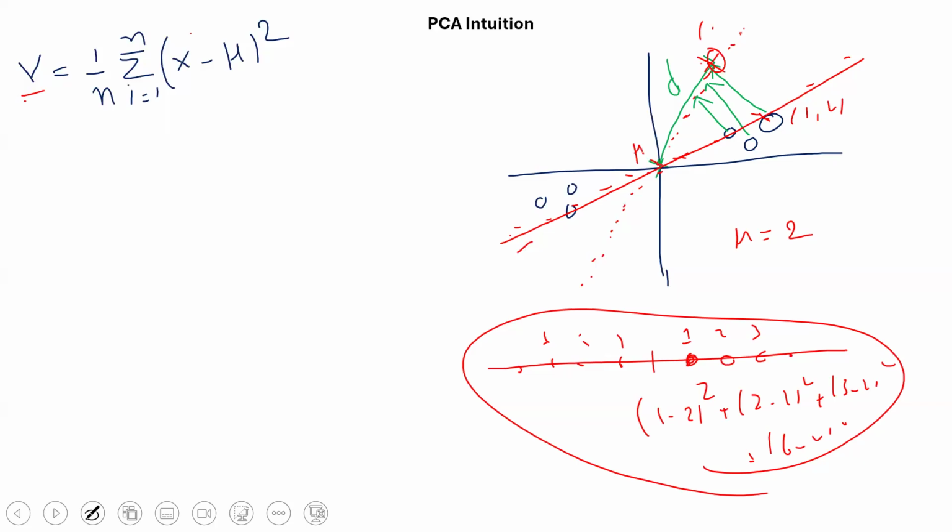If this is the mu, this is x1, this is x bar, you're trying to find out the variance for all these points. That is just a simple calculation, and you're trying to maximize this variance, because maximizing the variance will give you the best fitting line for the points in your data set, right?